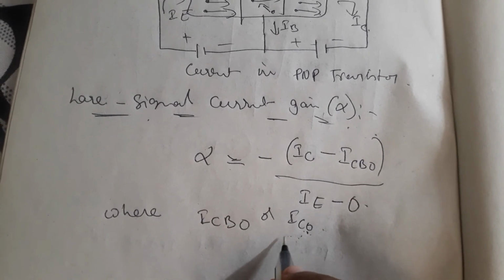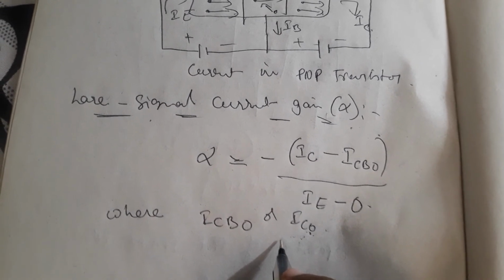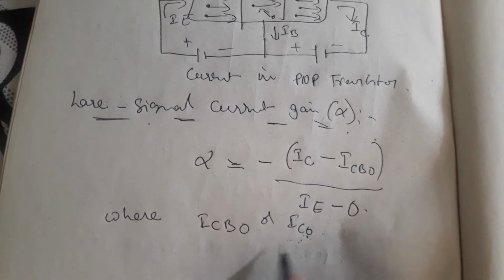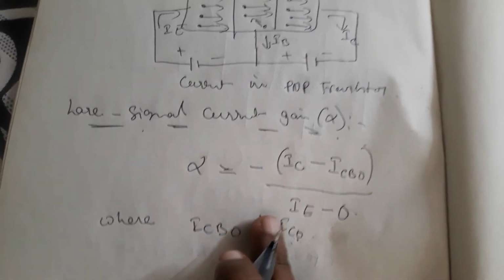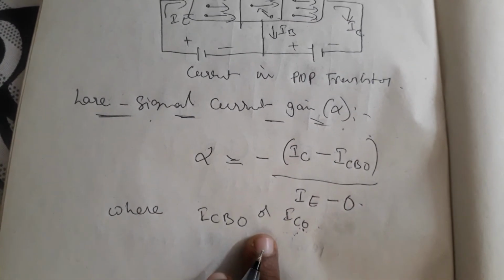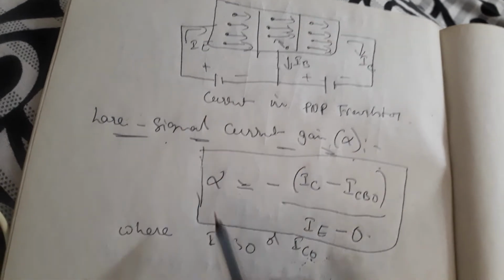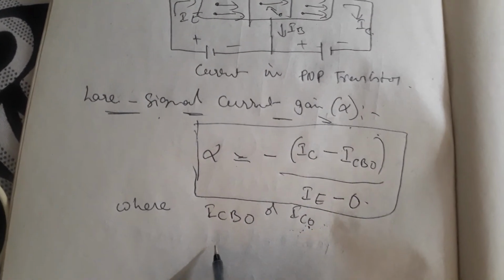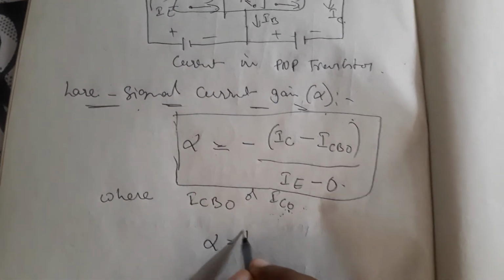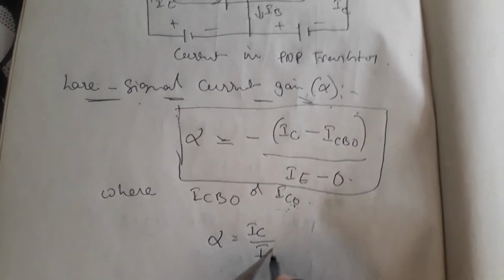As the magnitude of ICB naught is negligible when compared to IE, the above expression can be written as alpha equal to IC by IE.